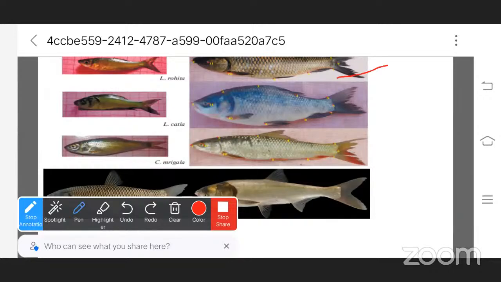And what do we call the next one? Glass carp.